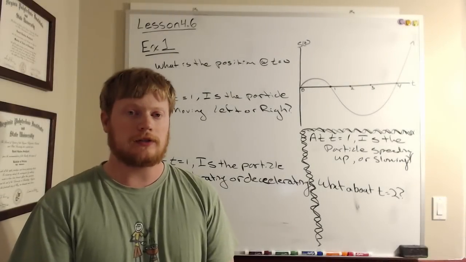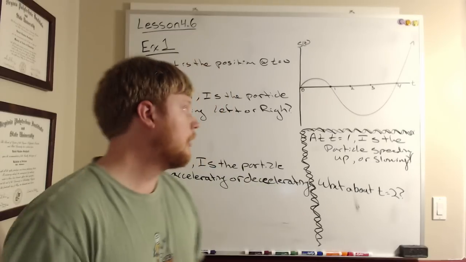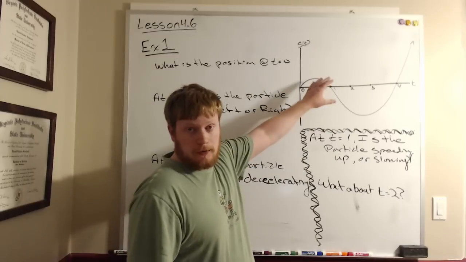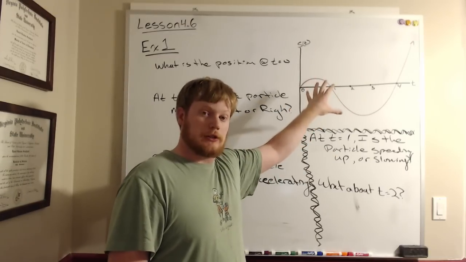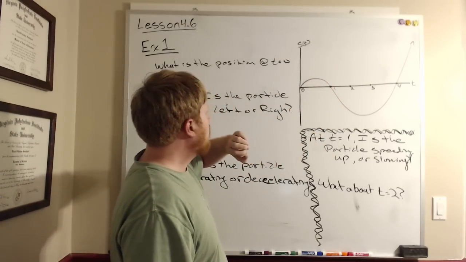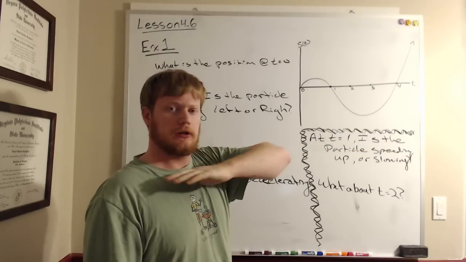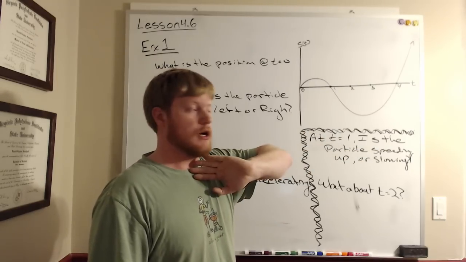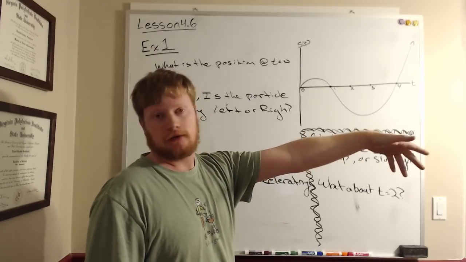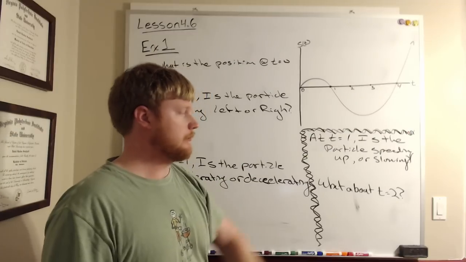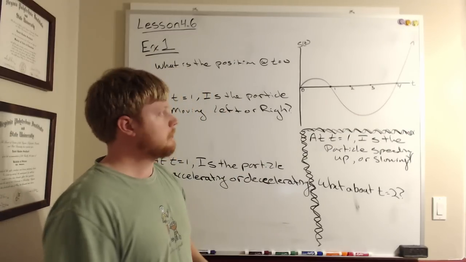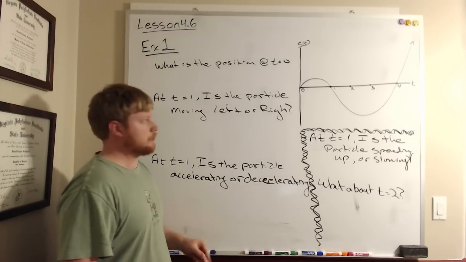All right, so for this first example, we're going to look at a graphic representation of a particle's position. Let's say this particle is moving horizontally along a line. So if its velocity is positive, going to the right, that's positive, negative, that just seems natural.